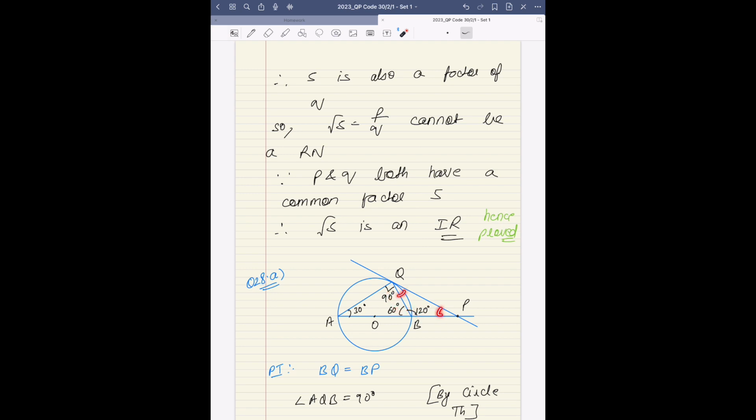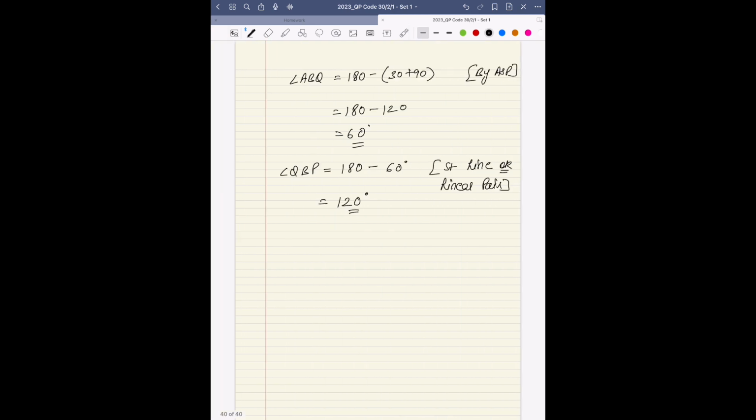Okay, cool. Now we found everything, but how do we find this, right? You cannot use ASP because one of the angles is not known. Now this is the important part over here. There is a theorem called alternate segment theorem. So whoever knows this would have solved this question.